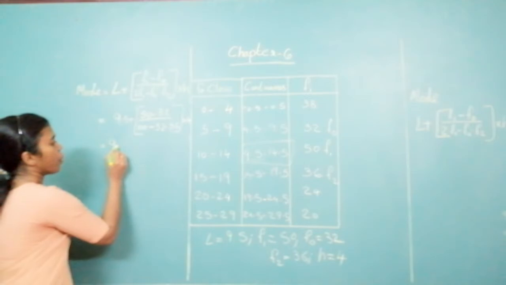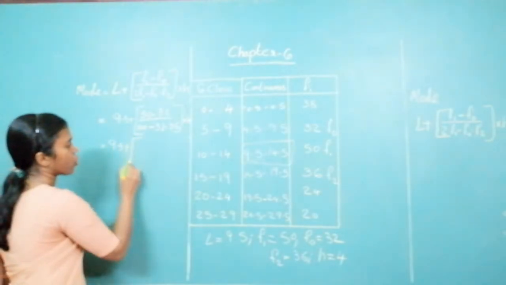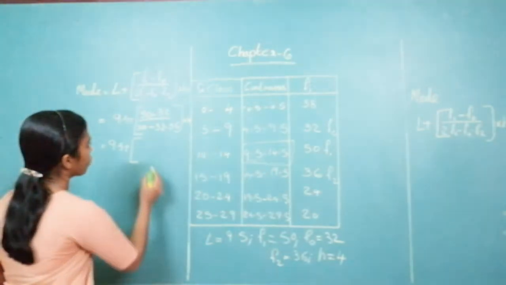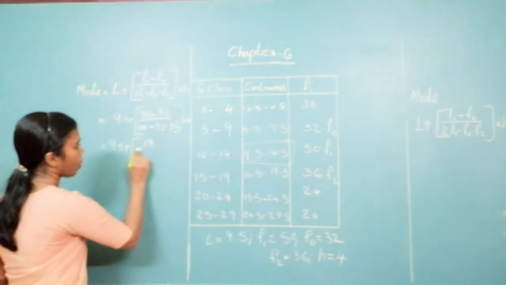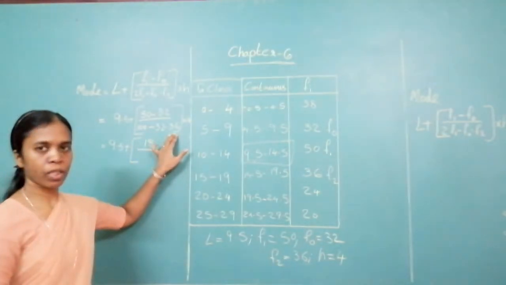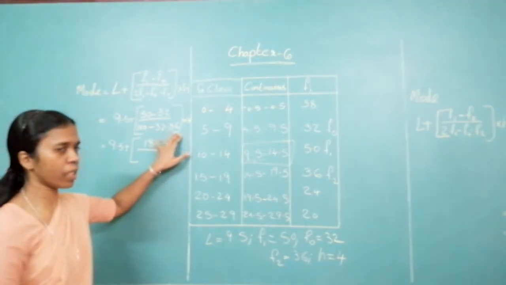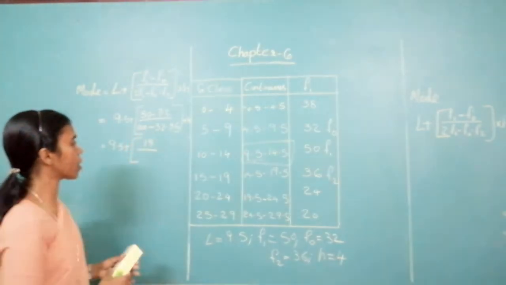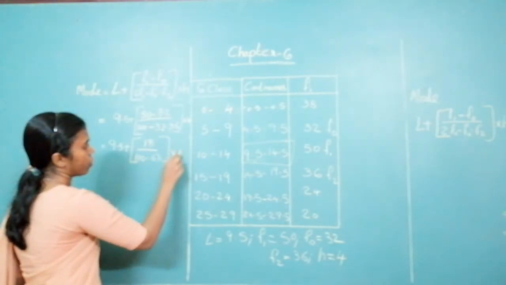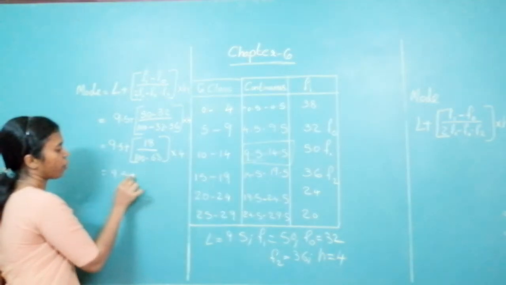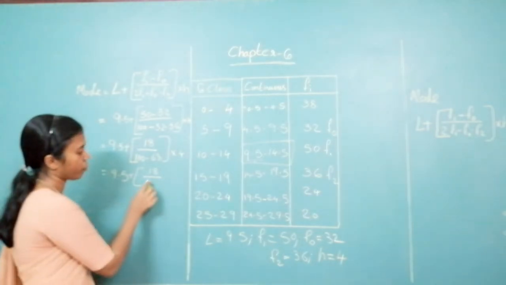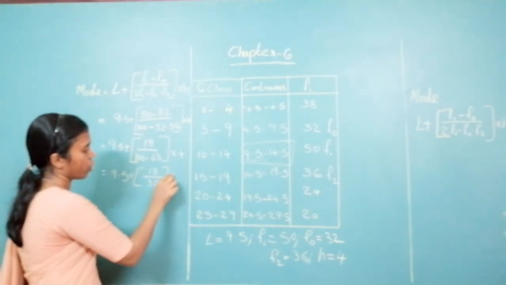9.5 plus, first you have to solve the bracket. 50 minus 32, how much is that? 18 upon 100 minus, first you add minus 32 and minus 36. You will be getting minus 68. So 100 minus 68, 32, into 4.